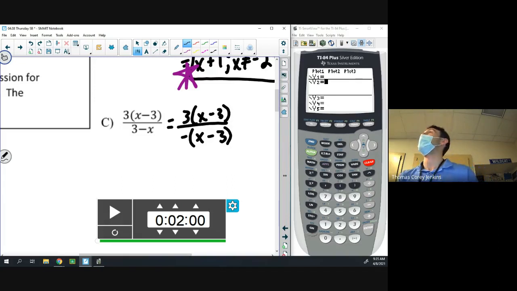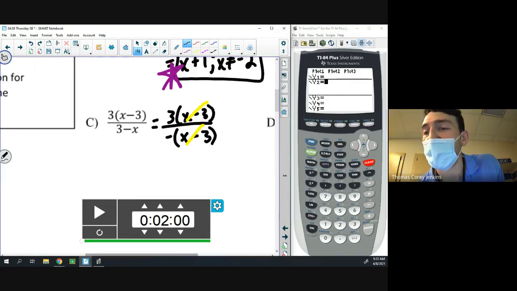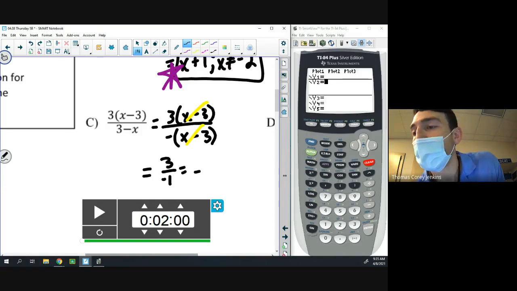So it was hidden in there, but once we manipulated that a little bit, we can see that there's a common factor of x minus 3. And what we're left with is positive 3 over -1, which is just -3.